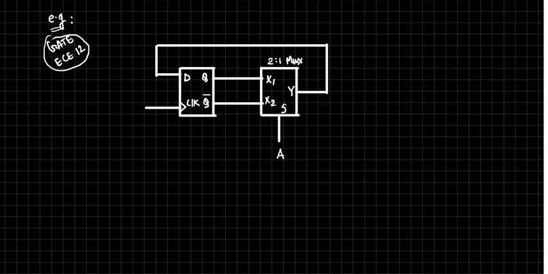But in general, how many states would be there? You tell me. You saw the concept of states, right? It depends on how many flip-flops are there. So there is only one flip-flop, and that one flip-flop may have only two states, it may be 0 or it may be 1. So let's draw that.